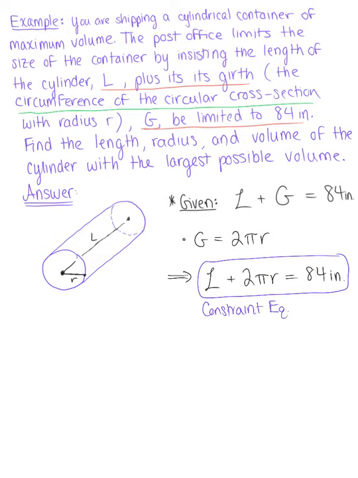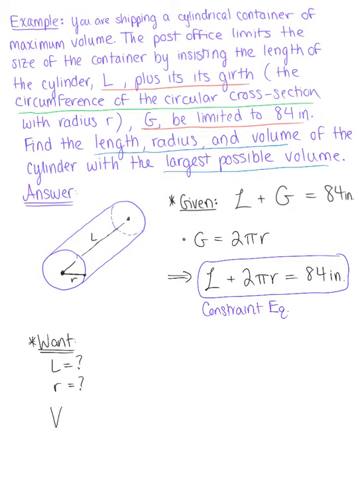So now that we've sketched our graph and we've stated what's given, we want to identify what it is that we want. Looking at our question here, we want to find the length, radius, and volume of largest possible volume. So the length is equal to what? The radius is equal to what? These are our dimensions.